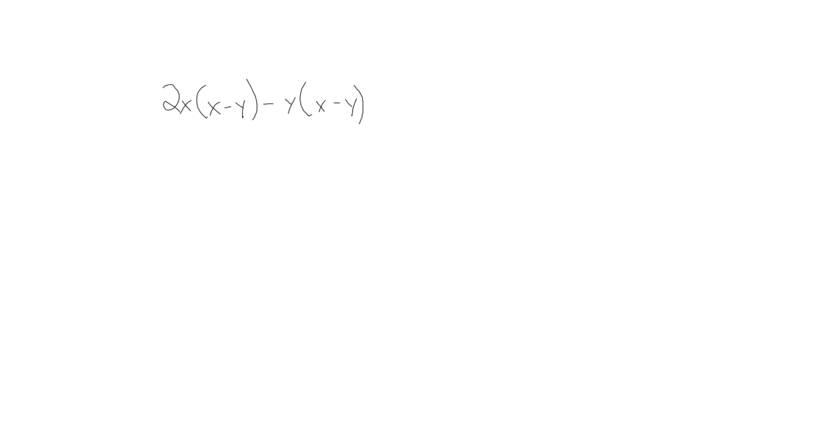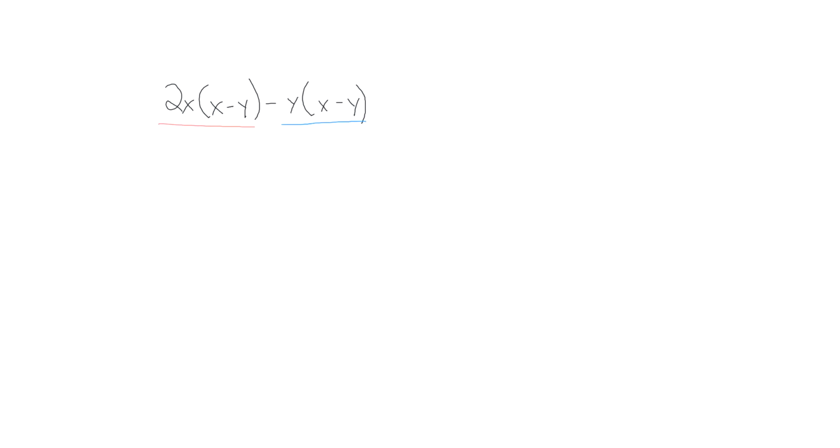So it's 2x times x minus y times x minus 1. Now this is one term. This is still a binomial, believe it or not. It's just 2 terms. This is all one term. And this is all one term.